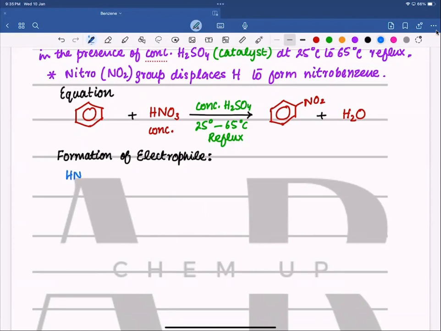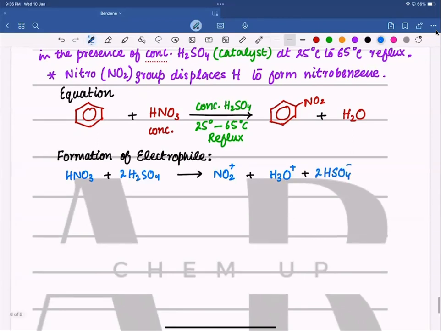So, nitric acid reacts with sulfuric acid, and as a result, NO2 positive ion is released, H3O positive is formed, and HSO4 negative is formed, and this NO2 positive acts as the electrophile.